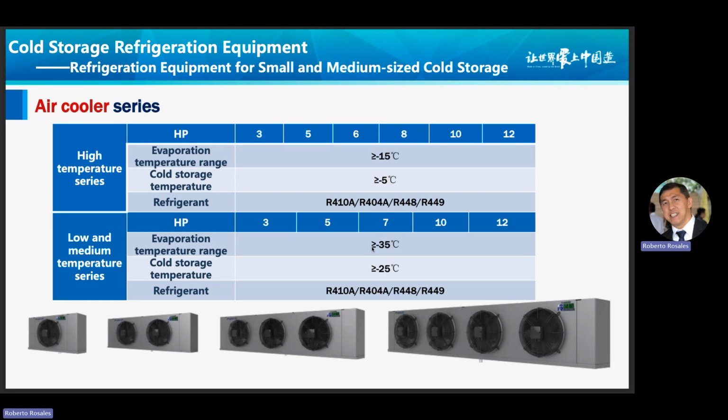For the air cooler series, it has 3, 5, 6, 8, 10, and 12 horsepower for high temperature series, where the evaporation temperature is greater than negative 15 degrees C, and a cold storage temperature of greater than minus 5 degrees C. And has a refrigerant of R410A, R404A, R448, and R449.